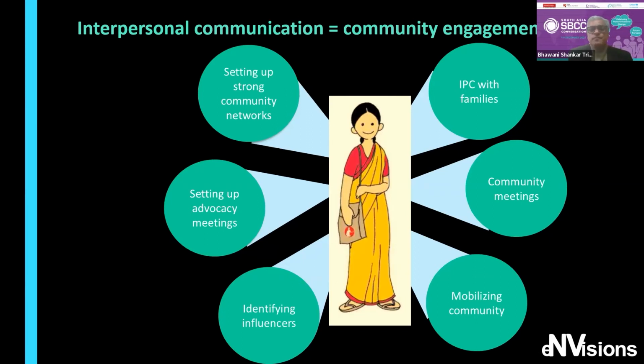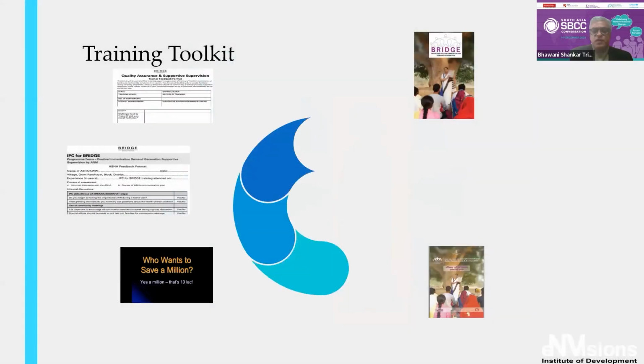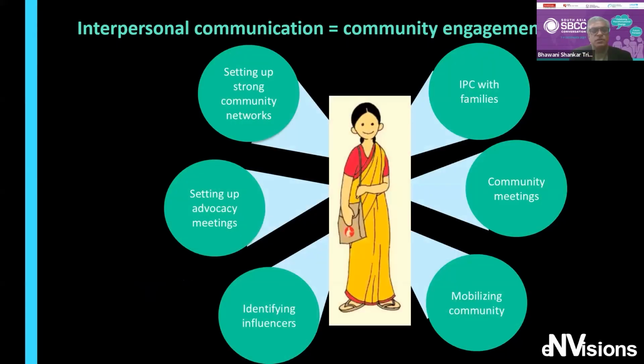I would like to mention one very important thing here: this behavior change is based on Bandura's theory of self-efficacy, which talks about how an individual's capacity or capability, that is their own skills and actions, are influenced by observing other people's actions.